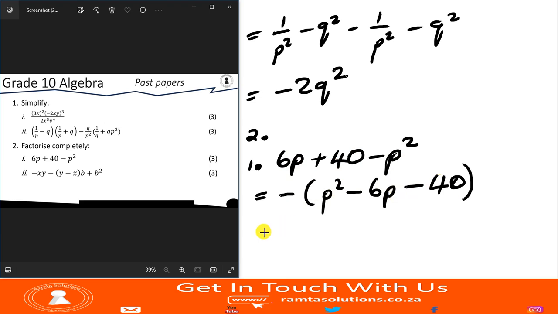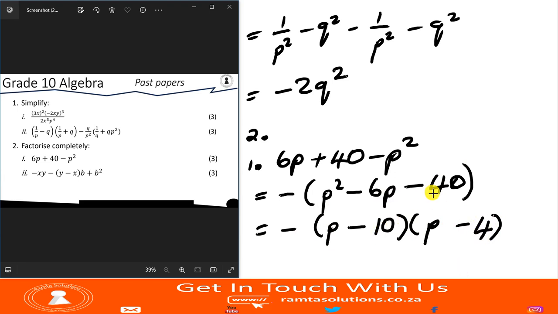Right? So now I see this looks like something that can be factorizable. So I will say p minus, leave a space, p minus, leave a space. So we are now looking for factors of 40. 20 times 2 can work, and 10 times 4. I prefer 10 times 4.